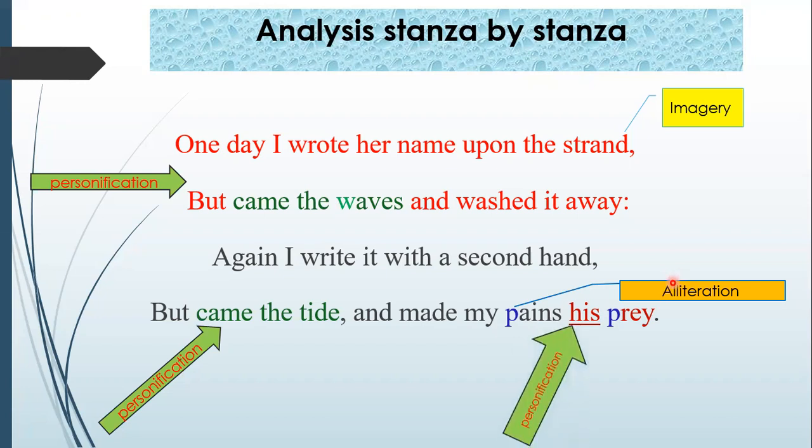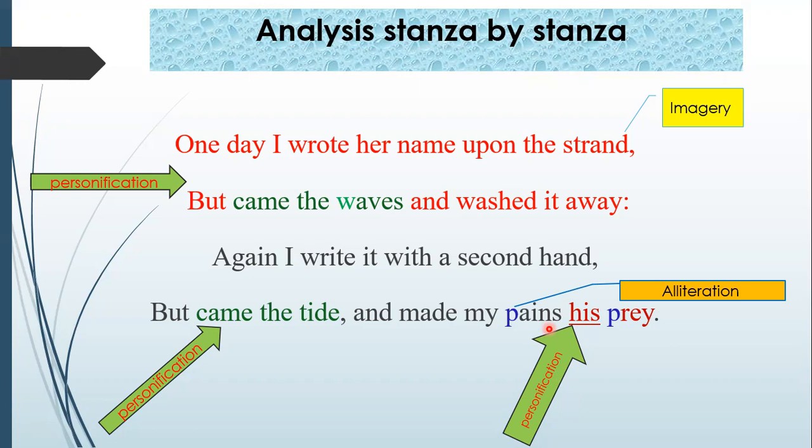And you see here, as I mentioned before, that "his" is a reference of using personification, tide and his. So here we have something done by the poet, who is using it to write the name of his beloved lady on the sand. So let us see what is her reaction.